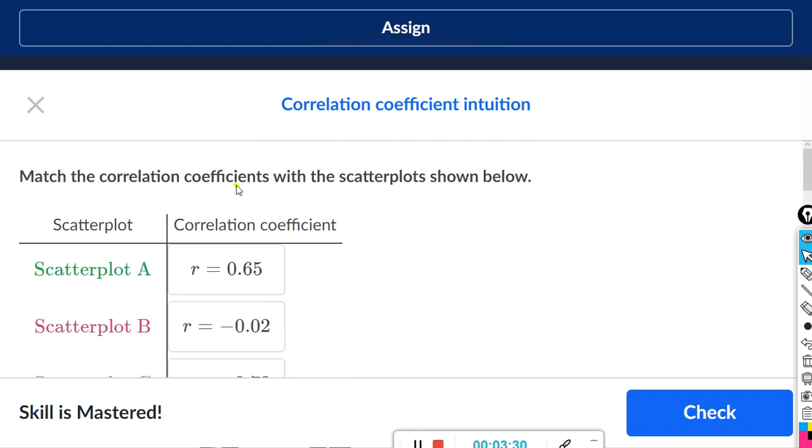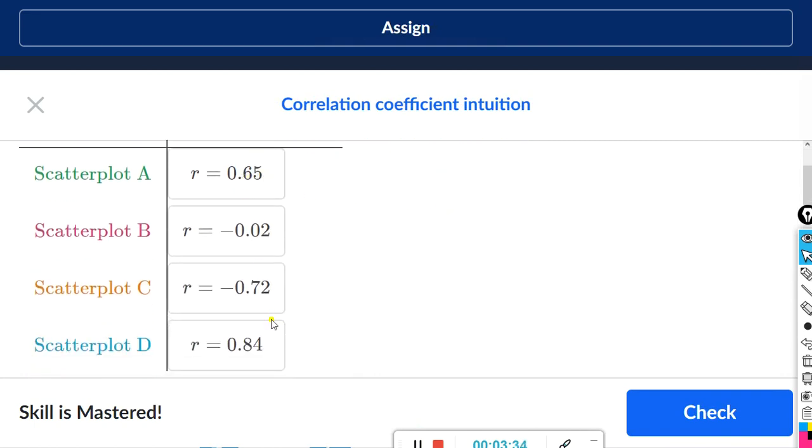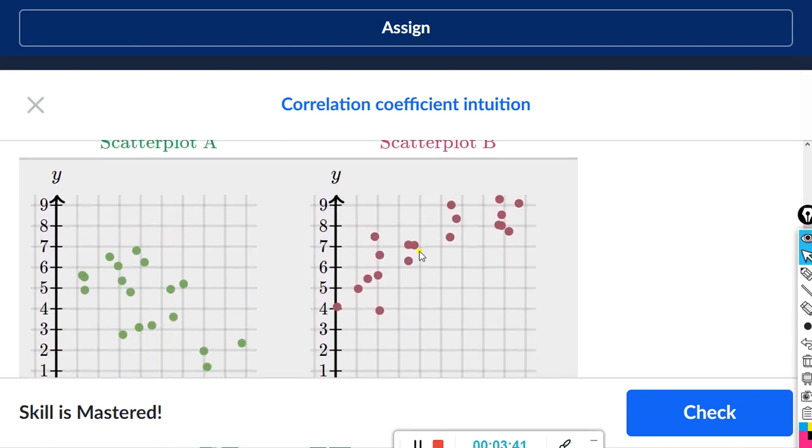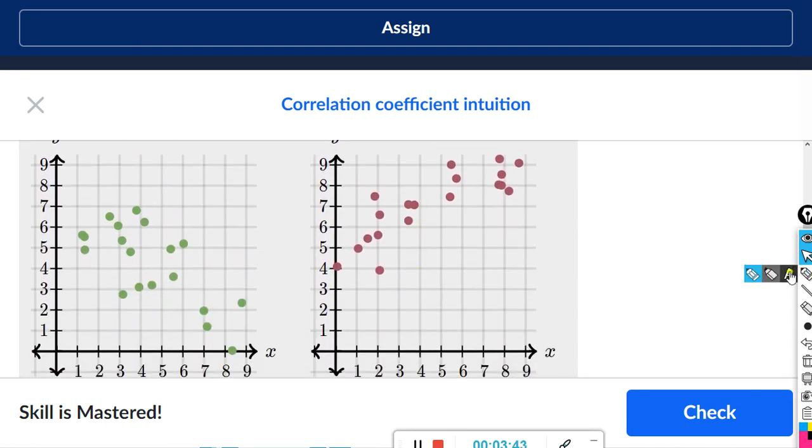So it says match the coefficients with the scatter plots shown below. Here are the numbers. We're going to have to left click and drag them into place. So for scatter plot A, it's definitely going to be negative, but it's spread out quite a bit, so it's not going to be close to -1.